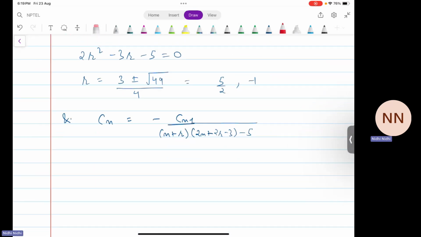Now we'll take case 1 when r1 is equal to 5 by 2. This is for every n greater than or equal to 1.